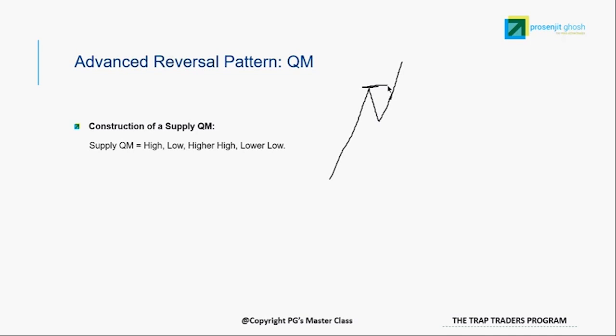When it is breaking a high, that means it is breaking a resistance. A resistance means a lot of sell orders are there. So when it is breaking the high, the sellers who are selling on this resistance are getting stopped out, getting their stop loss hit.